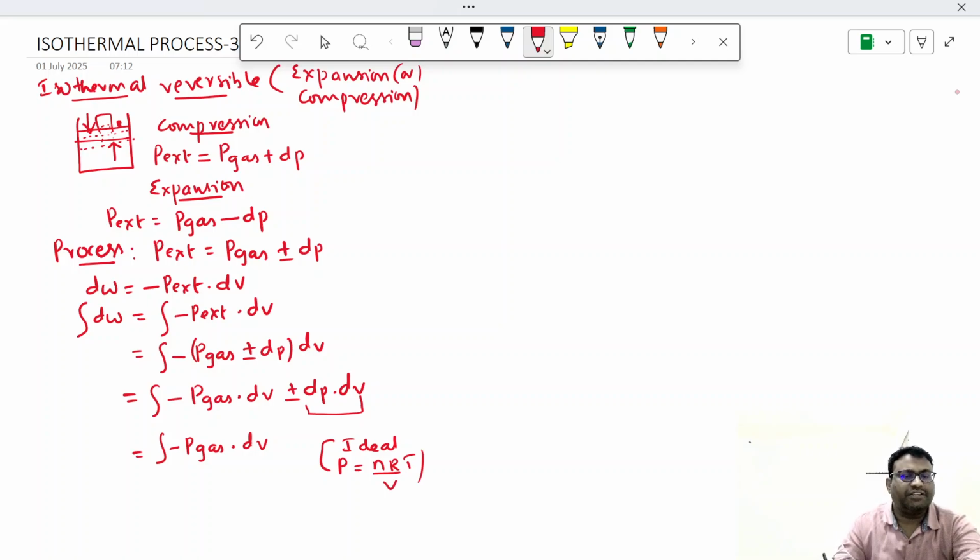Then that is equal to integration of minus nRT by V into dV, work done. So when you are adding small amounts of work, you will get the complete work. Okay, so work done.